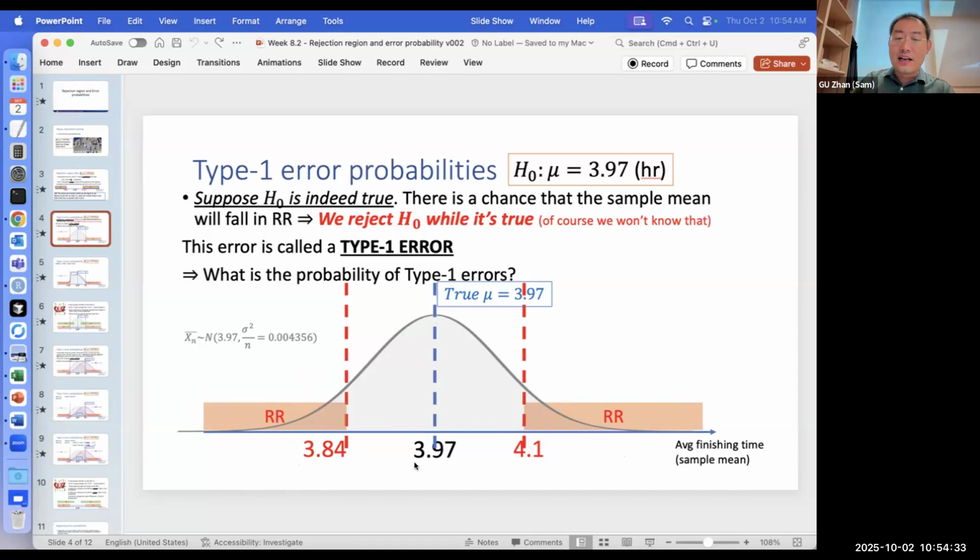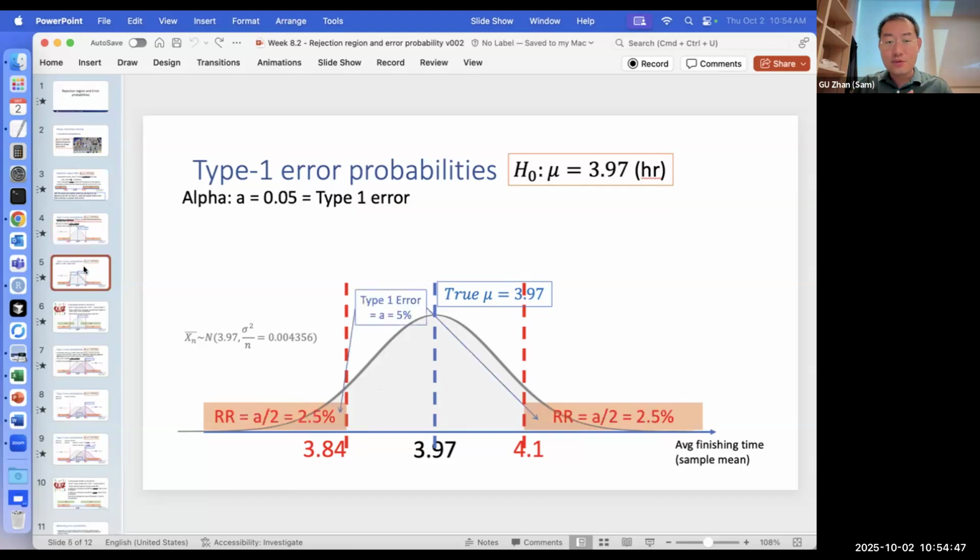Between 3.84 and 4.1 is the 95% area, and the curve on the two sides is 2.5% each. So when they land in this rejection zone, how much probability do you have? Then let's move on to how to calculate that. How to calculate it is based on the alpha that you define. The rejection zone is defined based on your alpha.